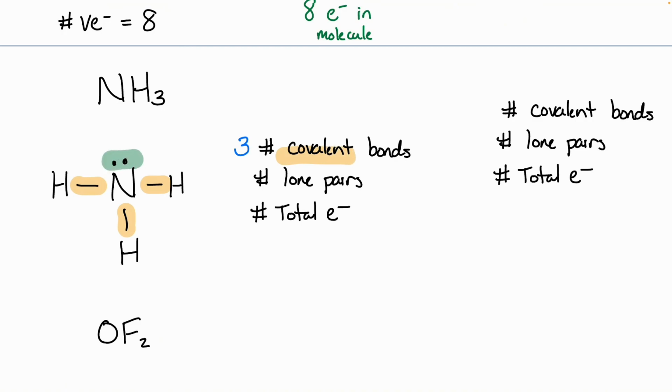We have 1 lone pair, and thus that gives us a total of how many electrons in this structure? Each bond represents 2, so that's 2, 4, 6, plus my lone pair. I have a total of 8 electrons in that molecule.